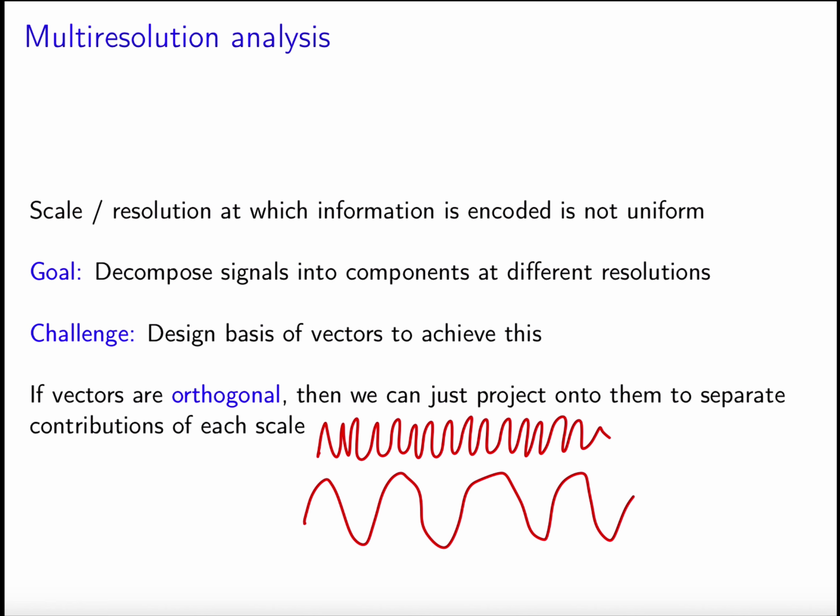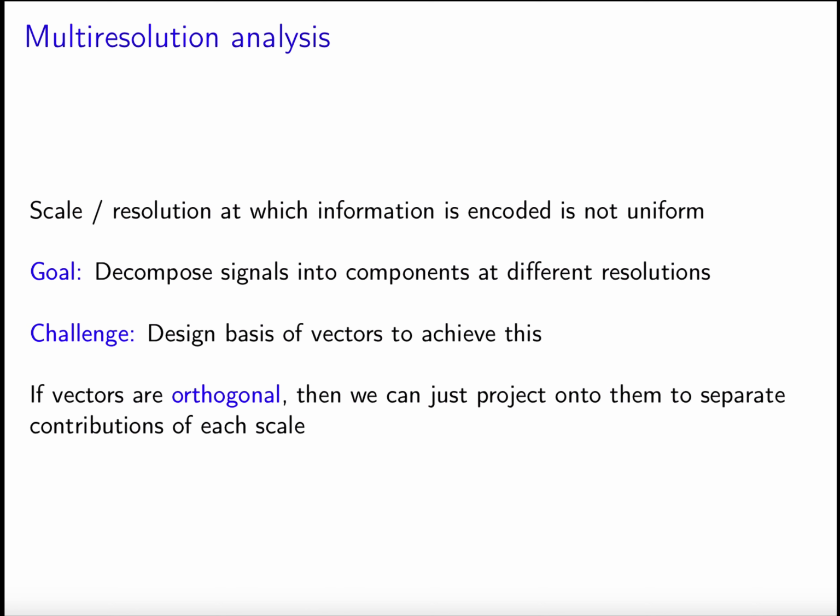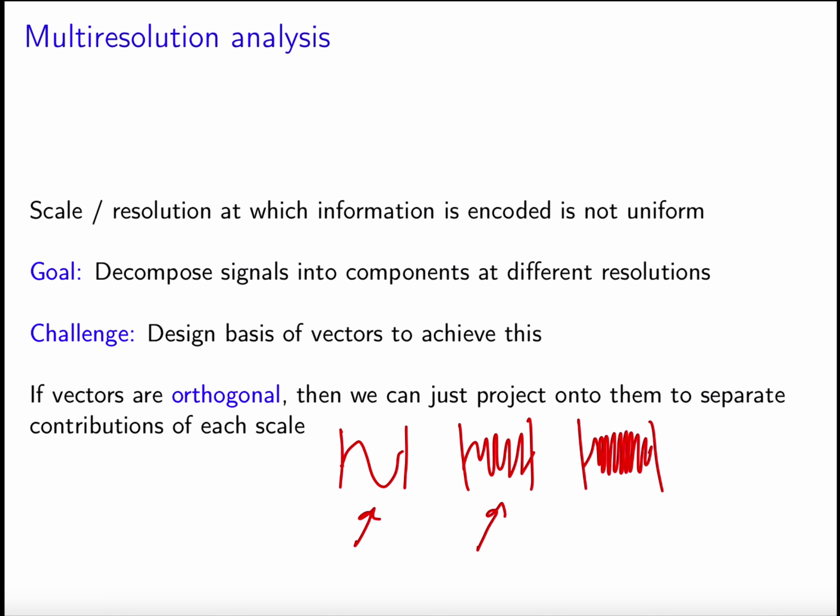The short-time Fourier transform essentially cuts up a signal into segments, so that actually gives you some space localization. But these segments are all of the same length. So we would have something like this. This is closer to what we want. This is what the short-time Fourier transform gives you. But these segments all have the same length.